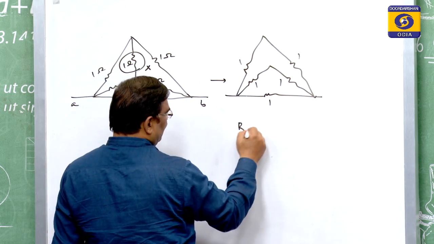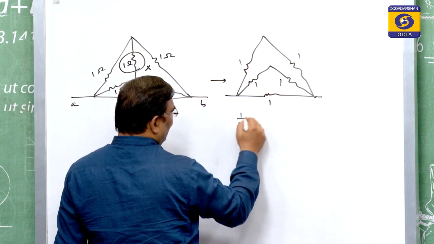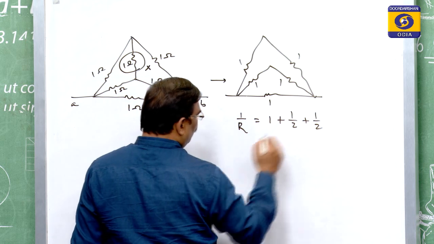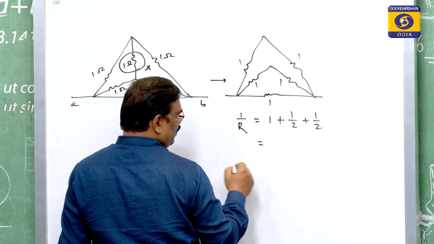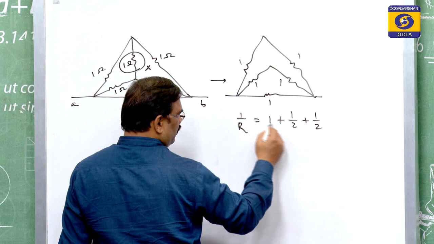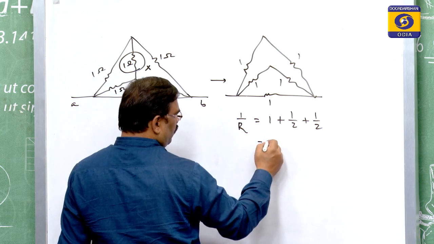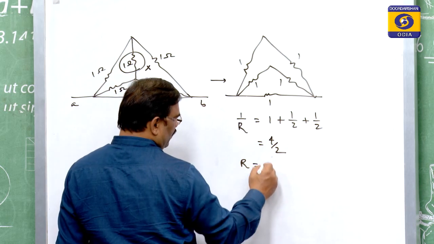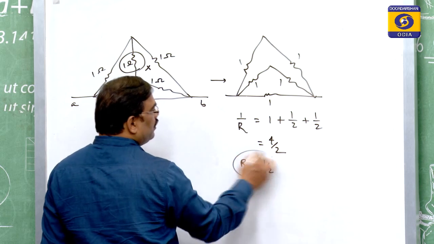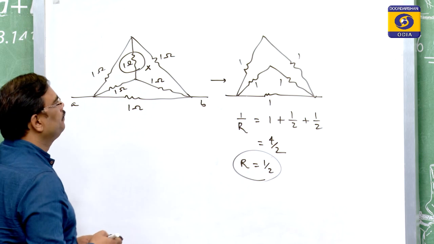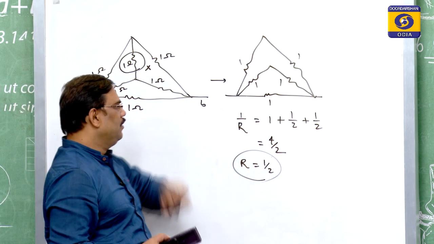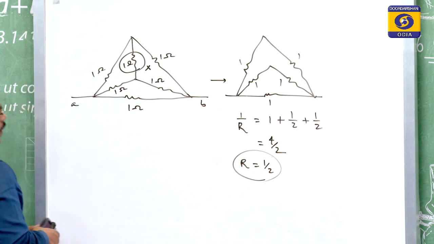So, the effective resistance R: 1 by R will be equal to 1 plus 1 by 2 plus 1 by 2. So, this is 2 plus 2, 4, 4 by 2. So, R equals half. So, this is the effective resistance of this network.